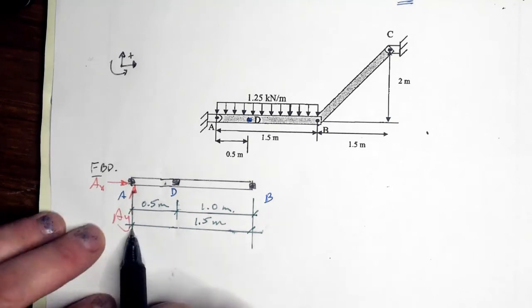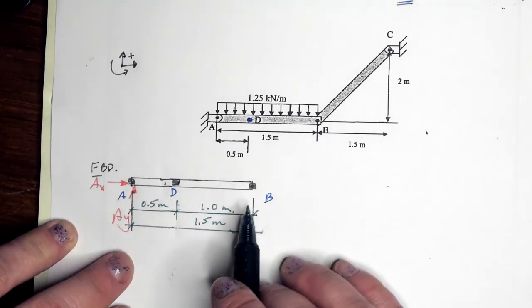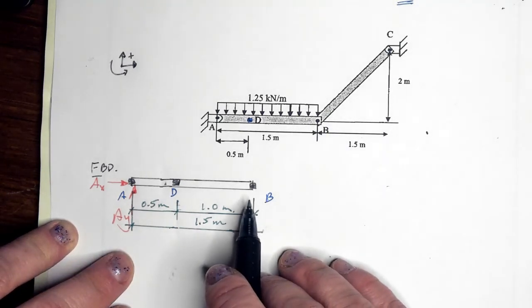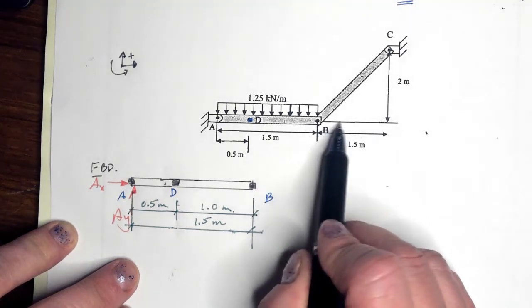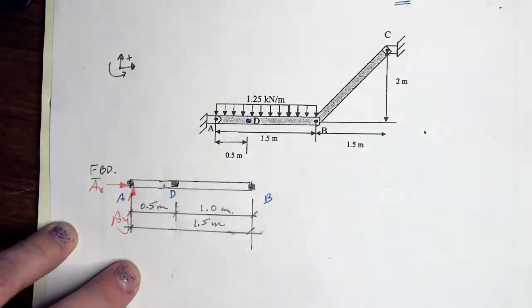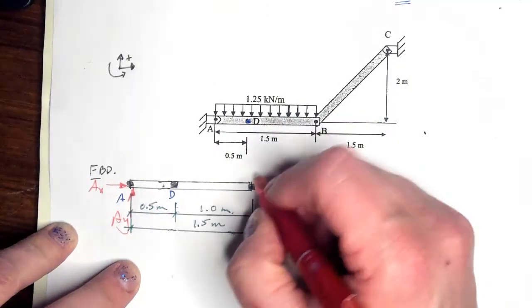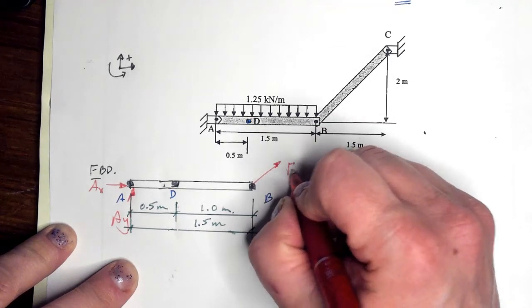So we have those 2. We will take this pin out and we will do the same. But we're not going to have an X and a Y necessarily. We've got this tension, this 2-force member here. So we can go ahead and just draw our force.